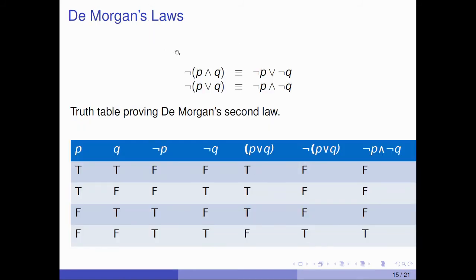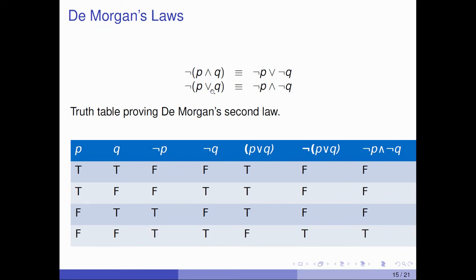Now you have De Morgan's law for logical equivalences. The negation of P and Q is logically equivalent to not P or not Q. What happens here? The negation has been distributed, and the conjunction was changed to a disjunction.